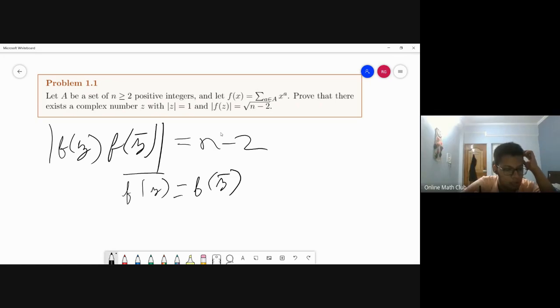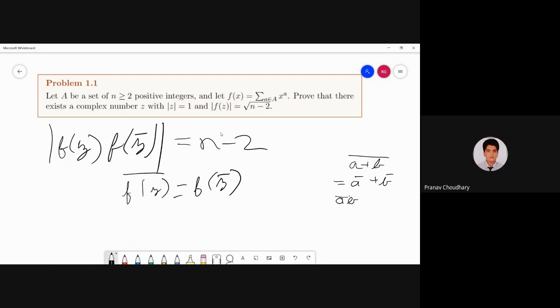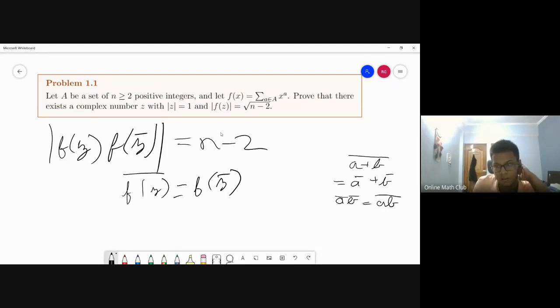Yeah, this is just common, where you can take the prime like this. This is easy. You can prove it for polynomials by these two properties: a plus b prime is equal to a prime plus b prime, and a b prime is a prime b prime. Oh, by a prime you mean conjugate of a, right? Yeah, of course. This is what I mean.